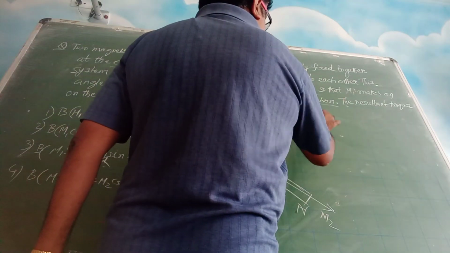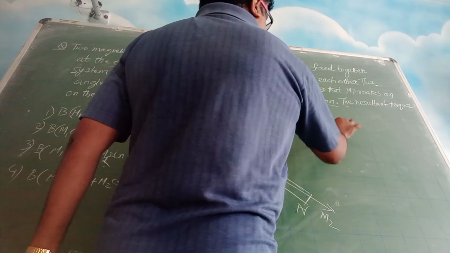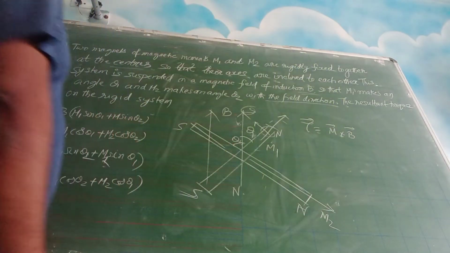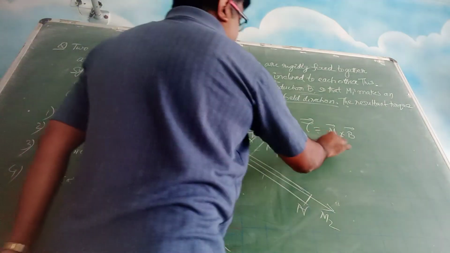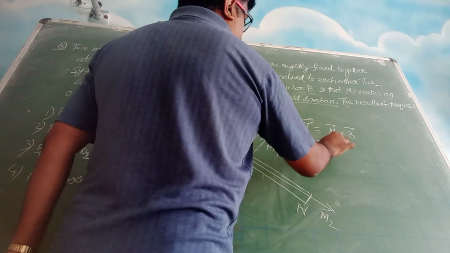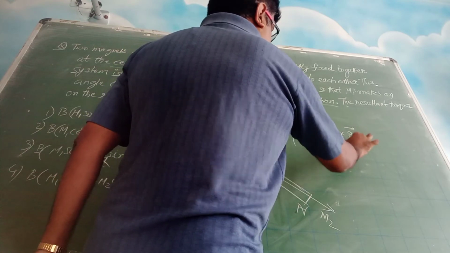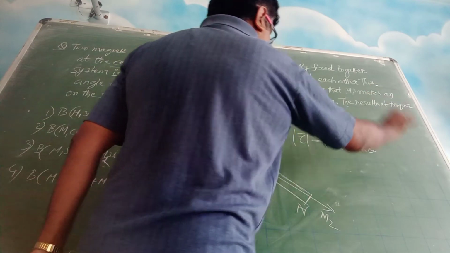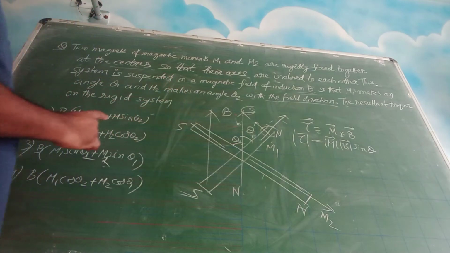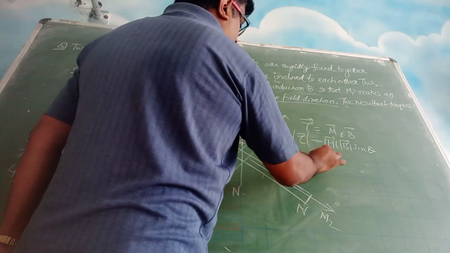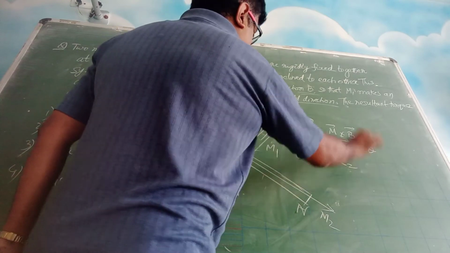Torque is M cross B, which means mB sin theta in magnitude. So the total torque will be because of magnet 1 and magnet 2. Total torque will be equal to torque 1 plus torque 2.